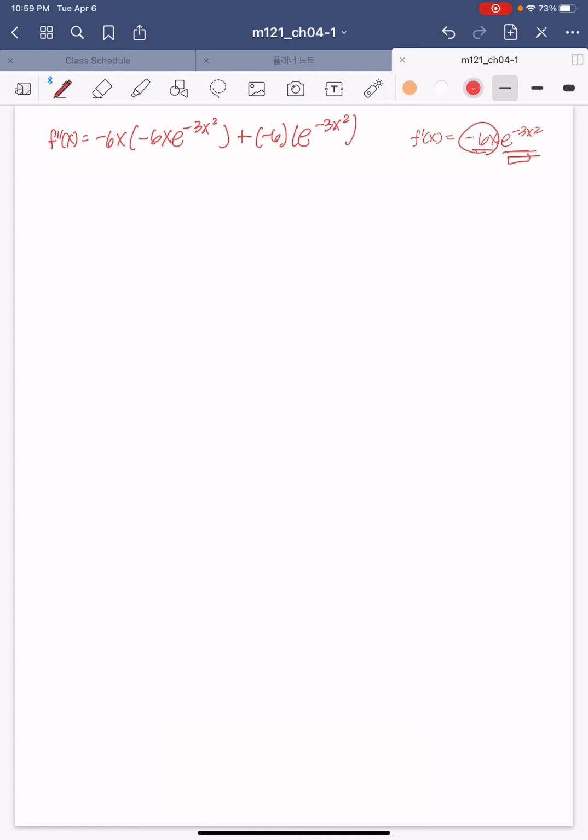Let's do some arrangement here. This 2 makes it positive 36x e to the negative 3x squared, minus 6e to the negative 3x squared.